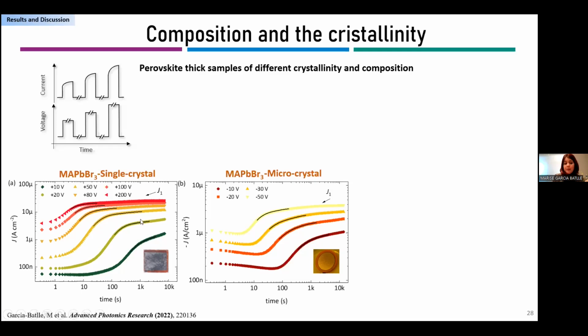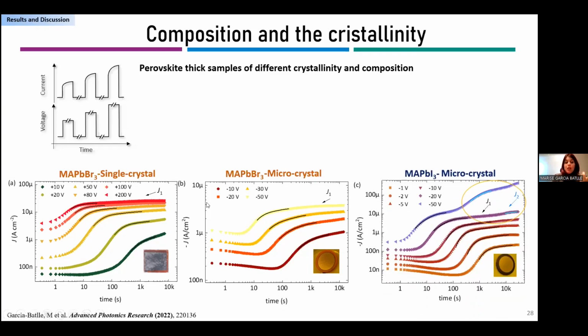This kind of feature on the current transient response was quite new. And we observed that, for example, in the case of methylammonium lead bromide, same composition but different crystallinity, we have almost the same shape of our current time response.